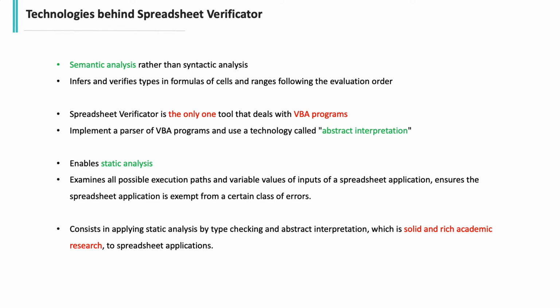Additionally, besides dynamic analysis that most of the tools undertake, Spreadsheet Verificator also enables static analysis. While dynamic analysis only looks at the current instance of a spreadsheet, static analysis examines all possible execution paths and variable values of inputs of a spreadsheet application, and ensures the spreadsheet application is exempt from a certain class of errors.